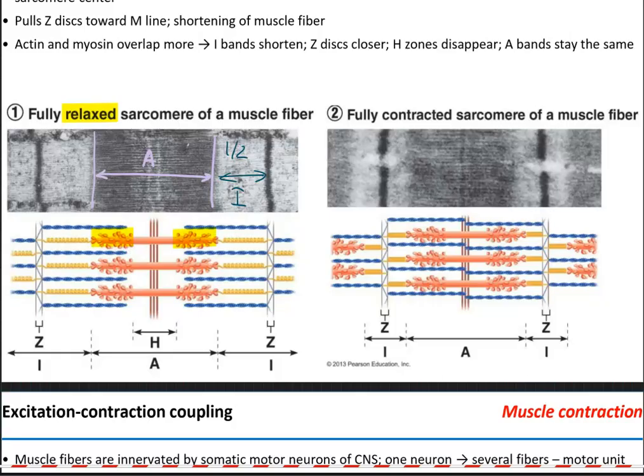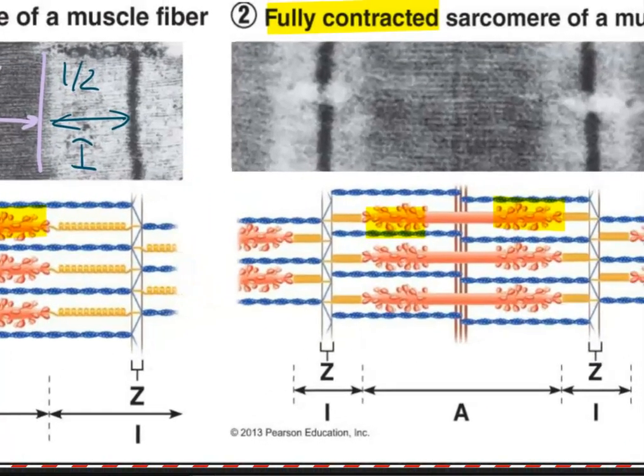On the contracted sarcomere on the right, what you see is that there is physical contact between thick and thin filaments. I'm going to highlight it even more. This, this, this, this, this, and this.